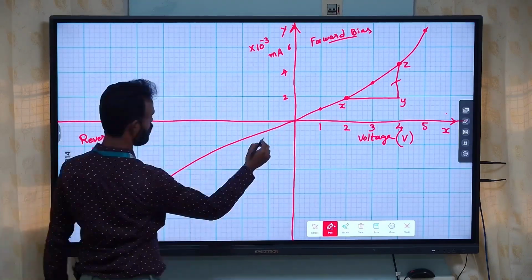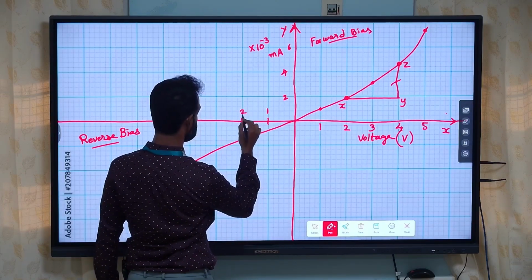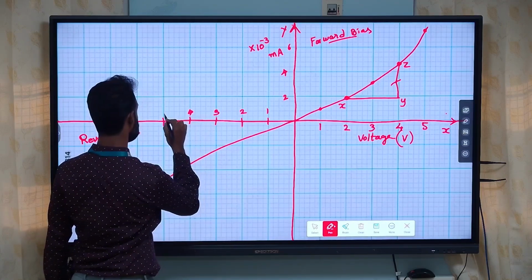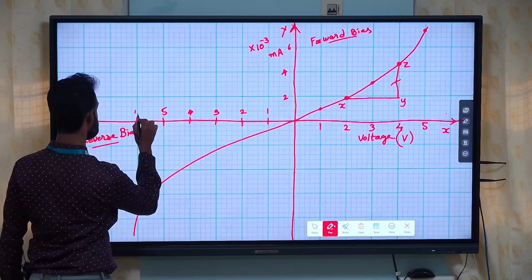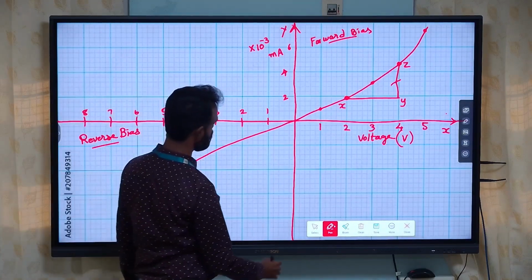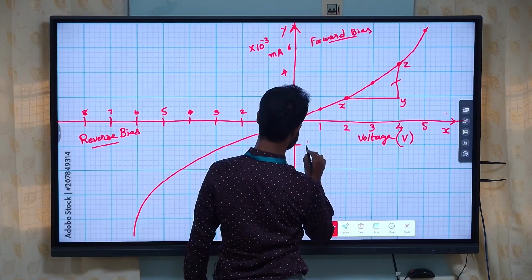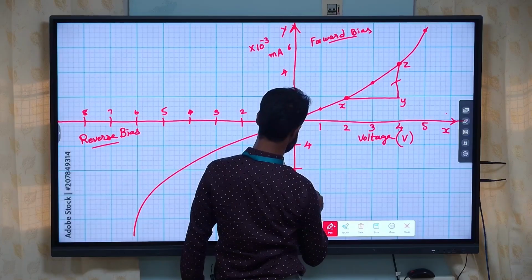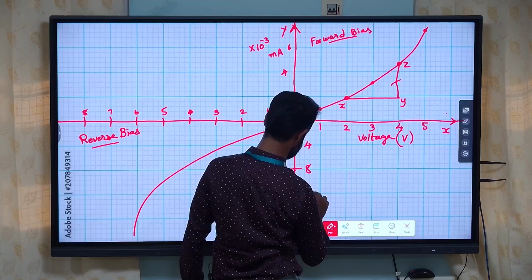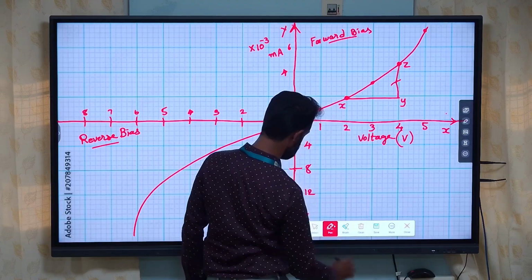Likewise, for reverse bias we will get here, this is a voltage value 1, 2, 3, 4, 5, 6, 7 and this 8, and we'll get here, imagine this is 4, this is 8, this is 12 and this is 16.